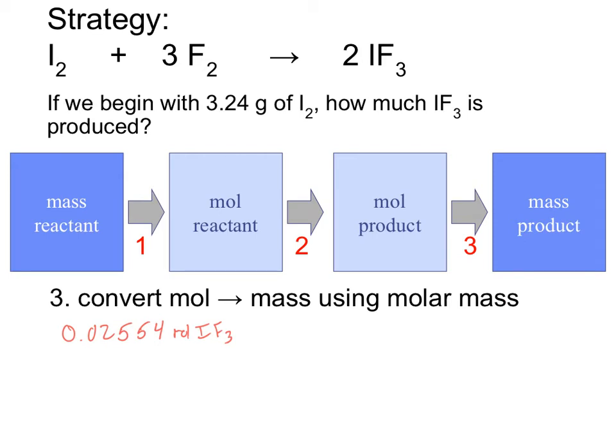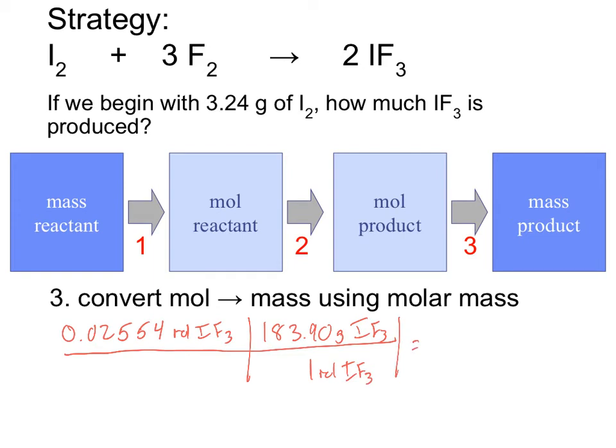And in our final step, we want to take our moles of IF3 and then convert that to grams. We use the periodic table to find our molar mass of IF3. Set up our conversion factor and find that we're going to produce that many grams of IF3.